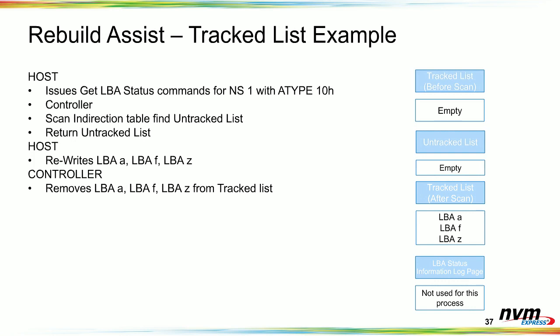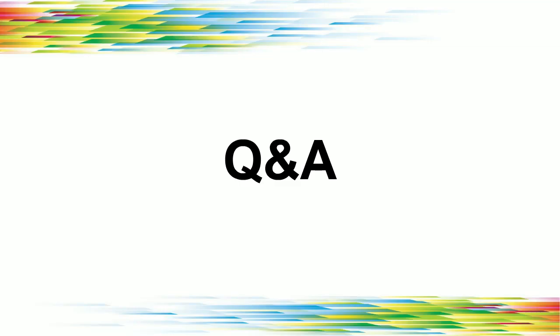So through this process, you have been able to find where you had bad LBAs on your device and restore those LBAs with valid data from an alternate source. So with that, I'd like to turn it over for questions and answers.